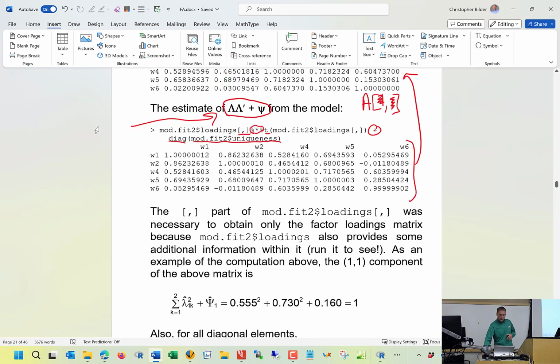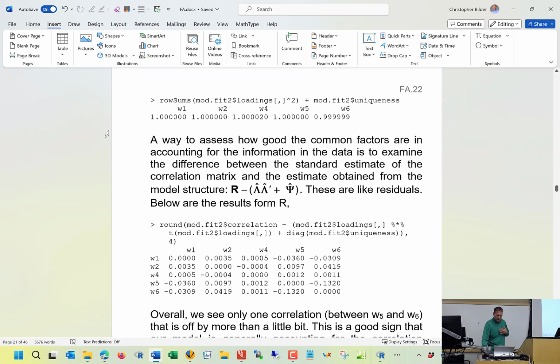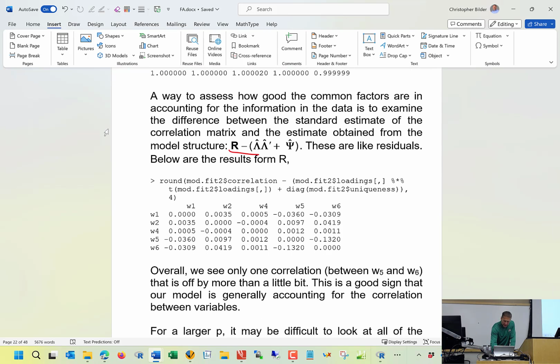And so what we could do in this particular case is take that estimated correlation matrix, the normal way that you would estimate it, subtract off what we get from our model, and now we have a version of factor analysis residuals, just calculated in a different way. Again, we want these residuals to be as close to zero as possible.